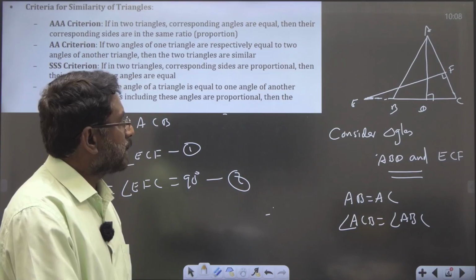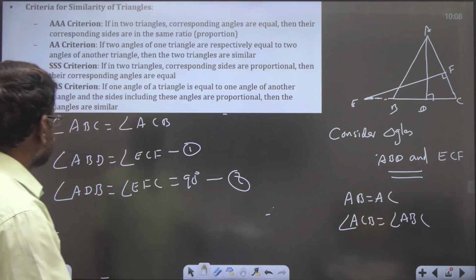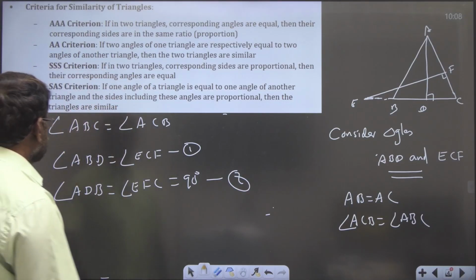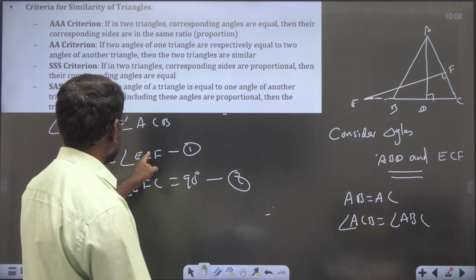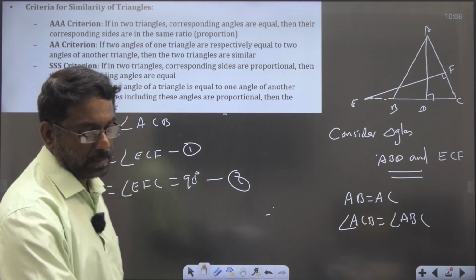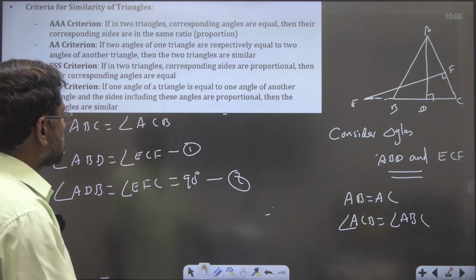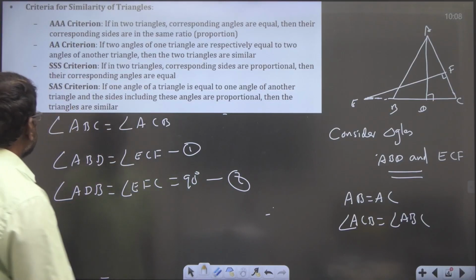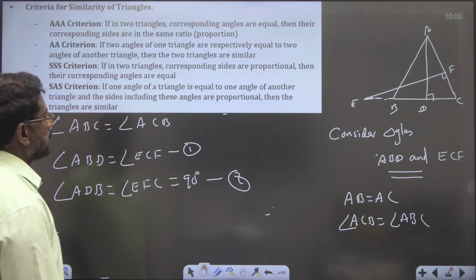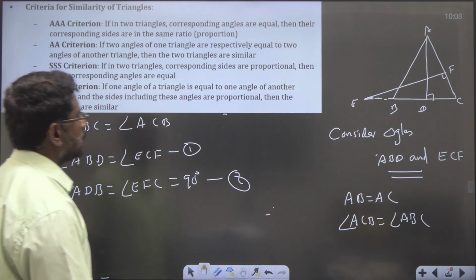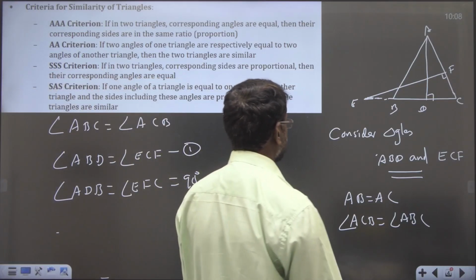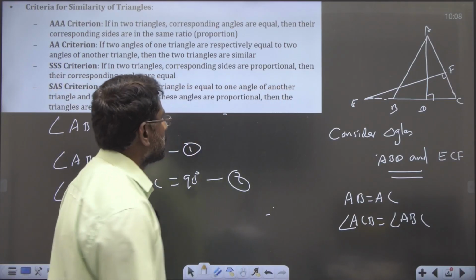That is from 1 and 2, the triangles are similar using the AA criterion. Two sides are not proportional, two angles are equal.